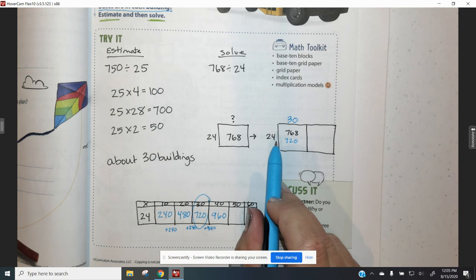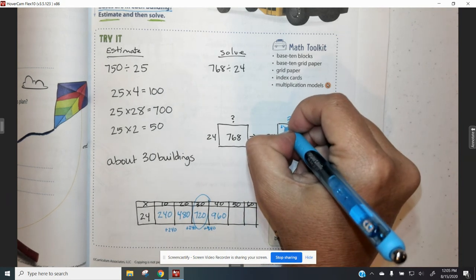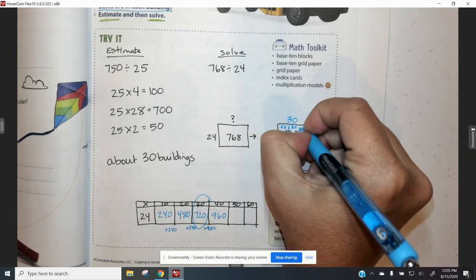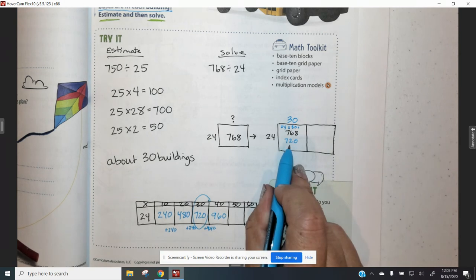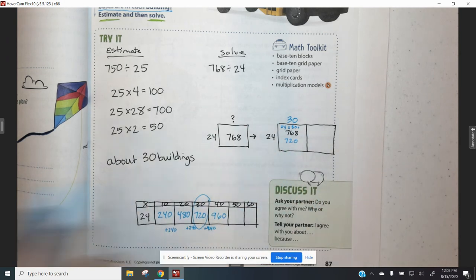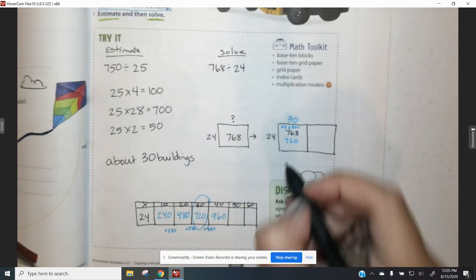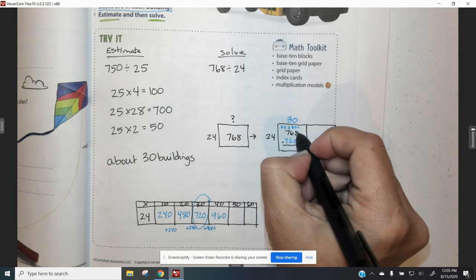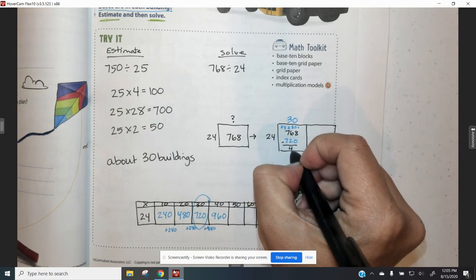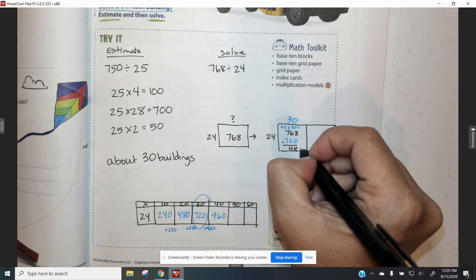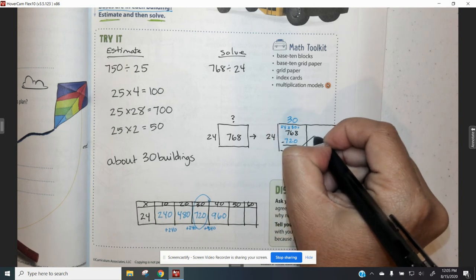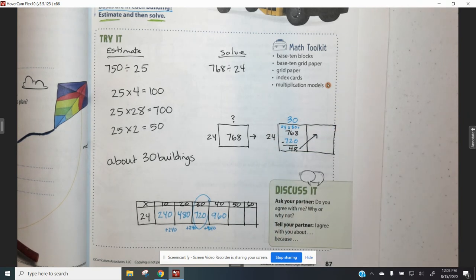The way we did that is we did 24 times 30 equals 720. Then we're going to subtract and get our difference of 48, and then that remainder is going to go into our next rectangle to become our next partial quotient.